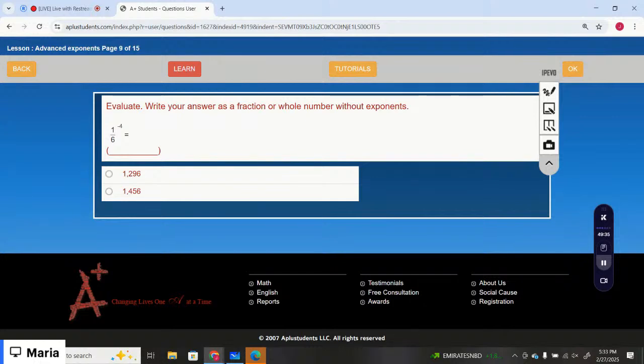One divided by 6 exponent negative 4. That is 36. 6 times 6 times 6 times 6. That is 1296. You have to multiply 6 4 times.